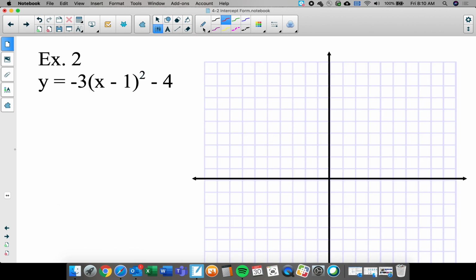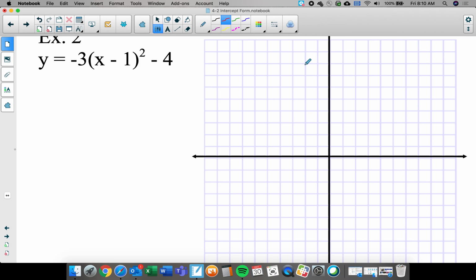So then, just the last part here, just a couple of quick examples. This one, if you notice now, is in vertex form, so therefore we can very quickly go through and identify the vertex, which in this case is 1, -4. Remember, the x-coordinate always looks the opposite of what it looks like in the equation. The y-coordinate looks the same.